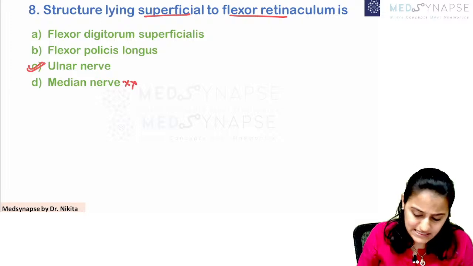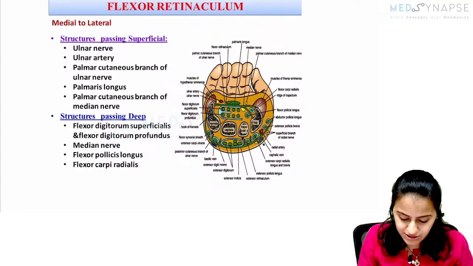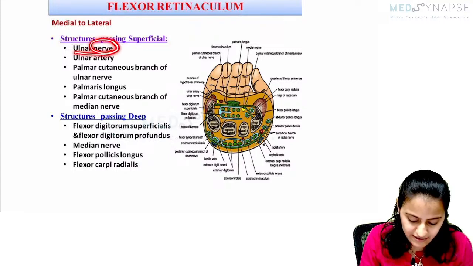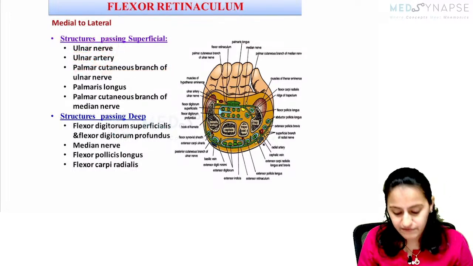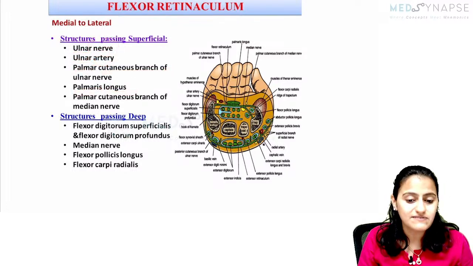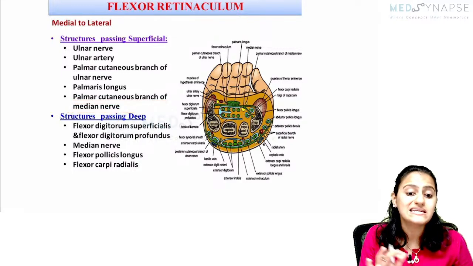So let me quickly tell you the trick for this. Structures passing superficial to the flexor retinaculum are the ulnar nerve, ulnar artery, palmar cutaneous branch of ulnar nerve, palmaris longus tendon, and the palmar cutaneous branch of median nerve.